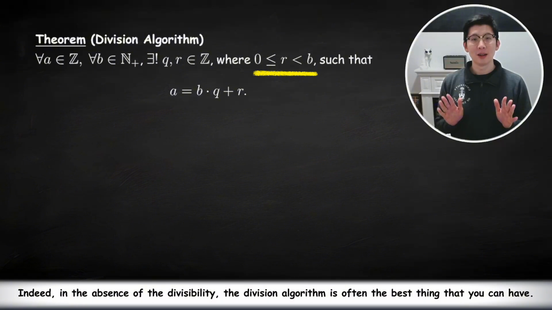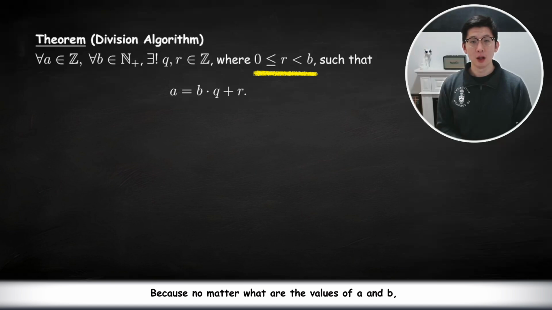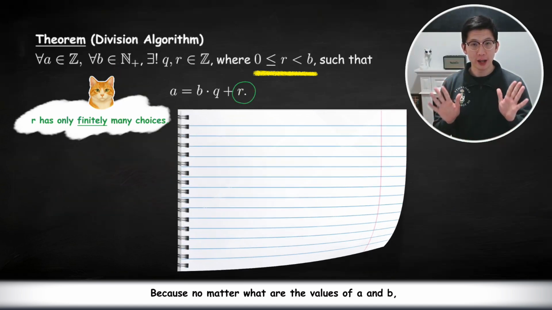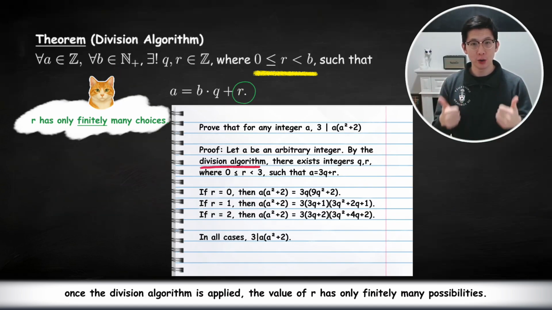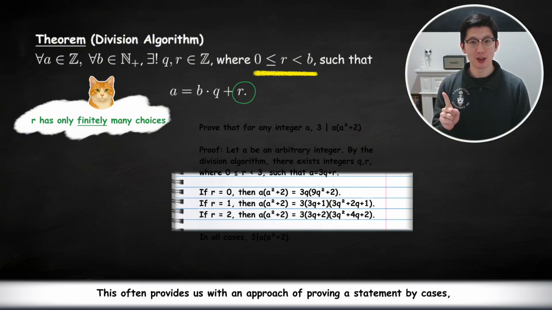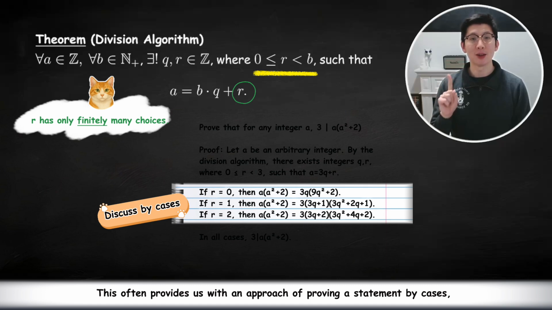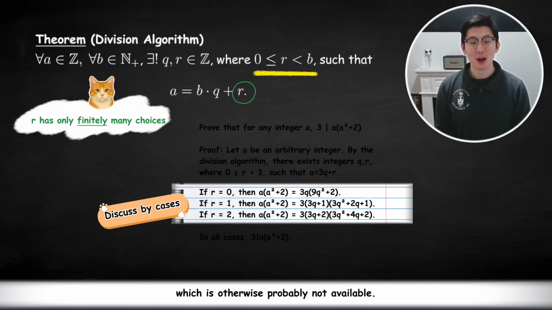Indeed, in absence of the divisibility, the division algorithm is often the best thing that you can have. Because no matter what the values of a and b are, once the division algorithm is applied, the value of r has only finitely many possibilities. This often provides us with an approach of proving a statement by cases, which is otherwise probably not available.